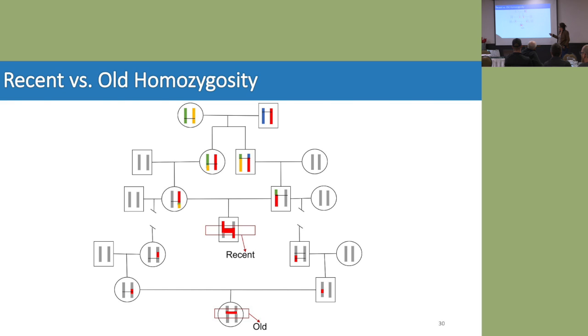This red piece of DNA came down through 2 branches of this pedigree and ended up in this animal. Pretty recently. Now let's imagine 4 more generations pass, and then somehow this little piece of red DNA lands again in one single individual. That's old inbreeding, let's say.